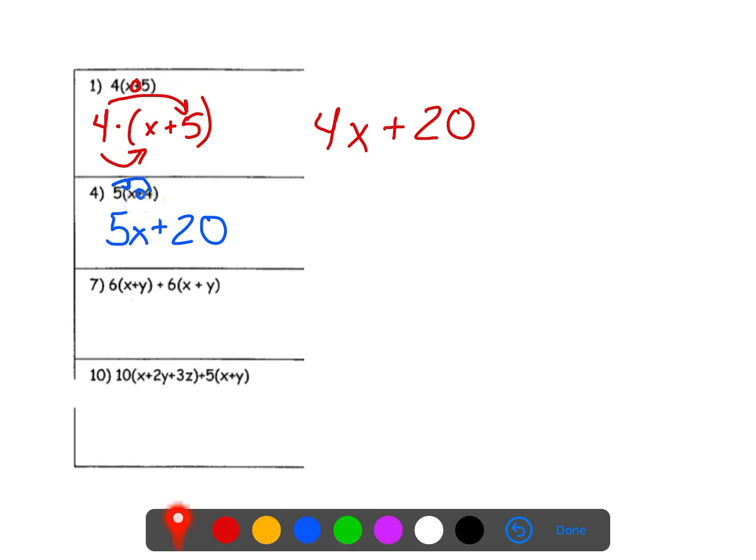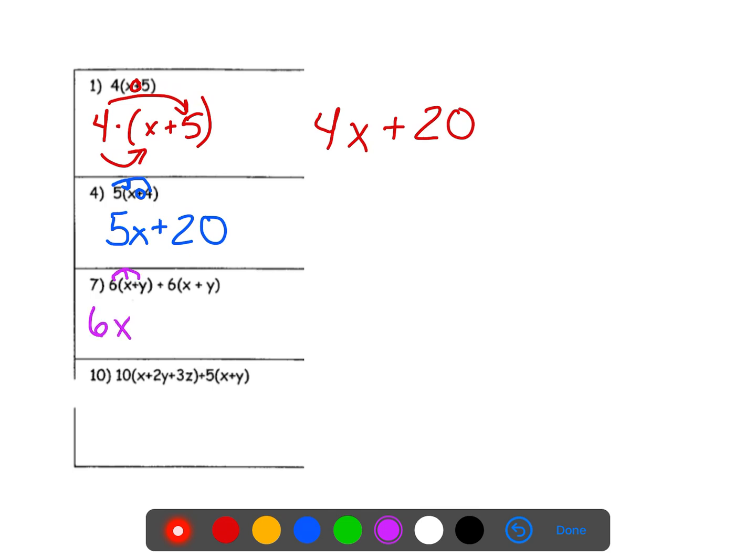In question 7, we've got 2 different groups to look at or to distribute. And you can see that we have 6 times this x plus y. And then we're going to add on another 6 of these x plus y groups. So we're going to distribute 6 to these 2 quantities here.